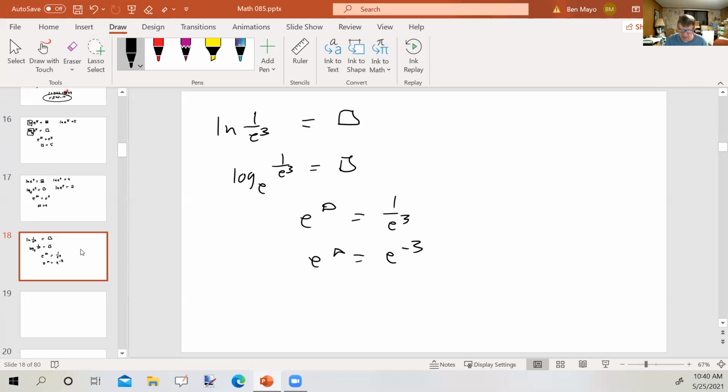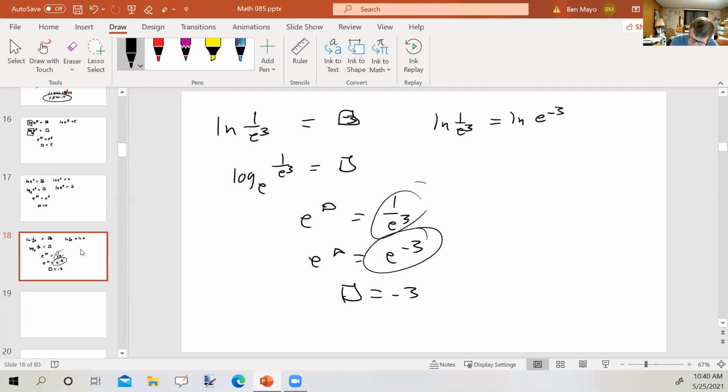Now we're used to taking something like that and writing it with a positive exponent. But in this case, we want to write it so that we've got e to the box equals e to some power. So the box is -3. So the natural log of 1 over e cubed equals the natural log of e to the -3 equals -3.